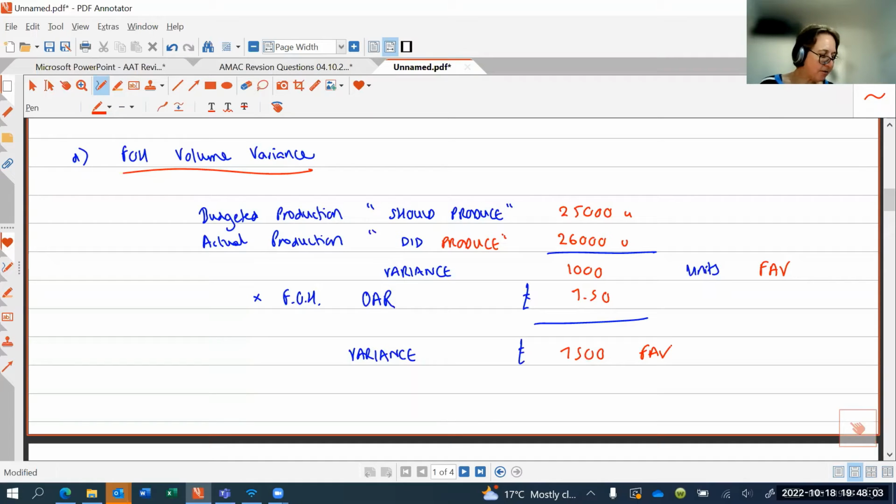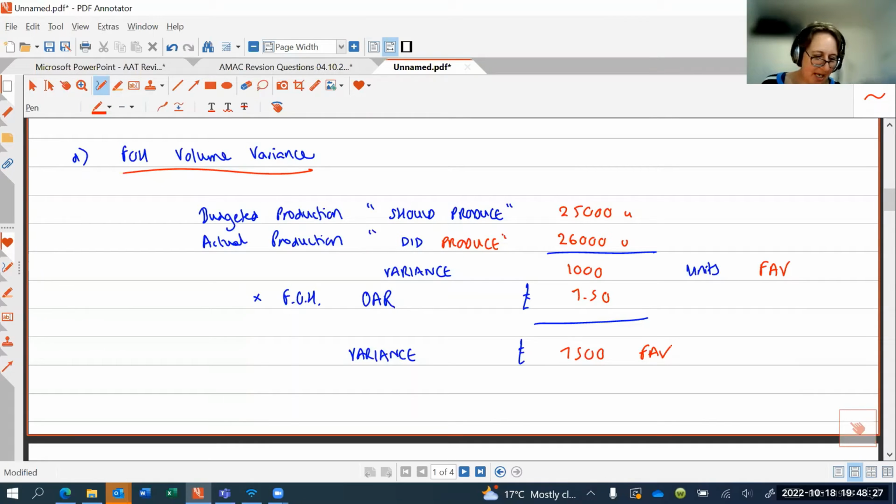So that's part way through D. As I said from the outset, there was no way this was just going to take us 20-something minutes or whatever they allowed us. So the fixed overhead volume variance is 7,500 favourable. That part is now done. The next part says the actual fixed production overhead incurred were.